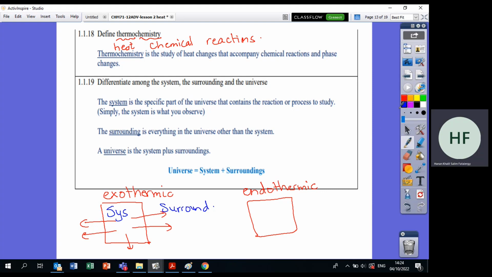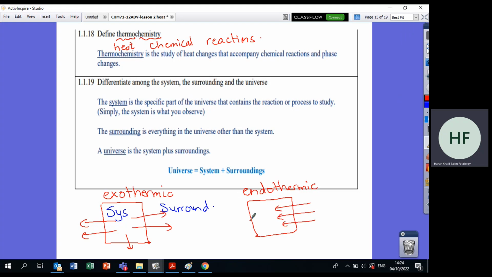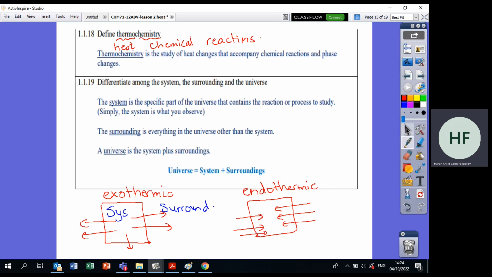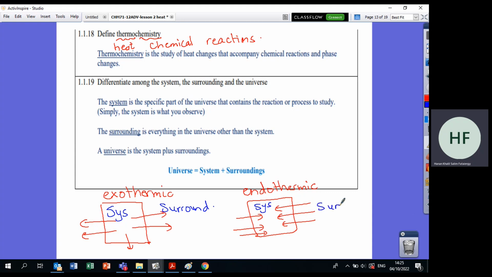Now in case of endothermic reaction, heat is absorbed. So whenever I say heat is absorbed, heat goes from the surrounding into the system. So the system absorbs the heat. Now, system plus surrounding, they make what we call the universe. So universe in chemistry is the system plus surrounding.